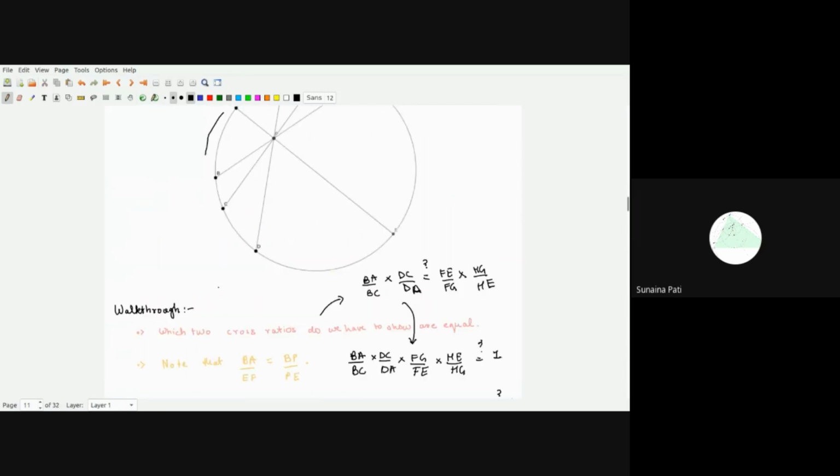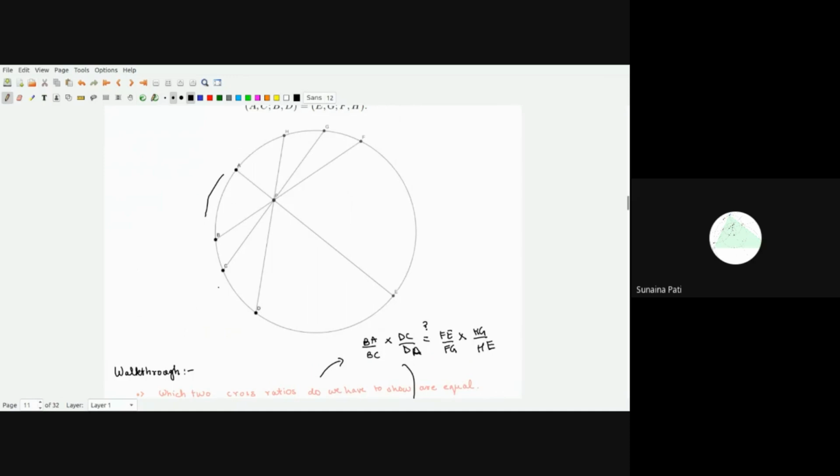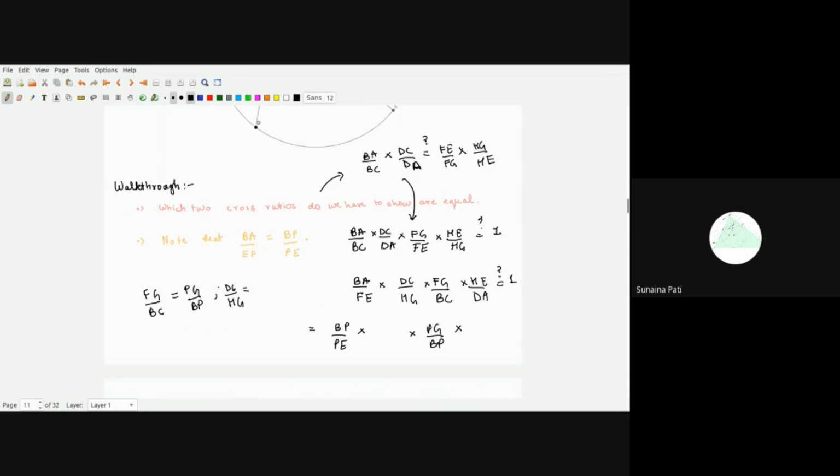That will be PD by PG. Okay, good work. PD by PG, and what's that? This is HG by PD. Exactly. And it cancels off and you get 1.